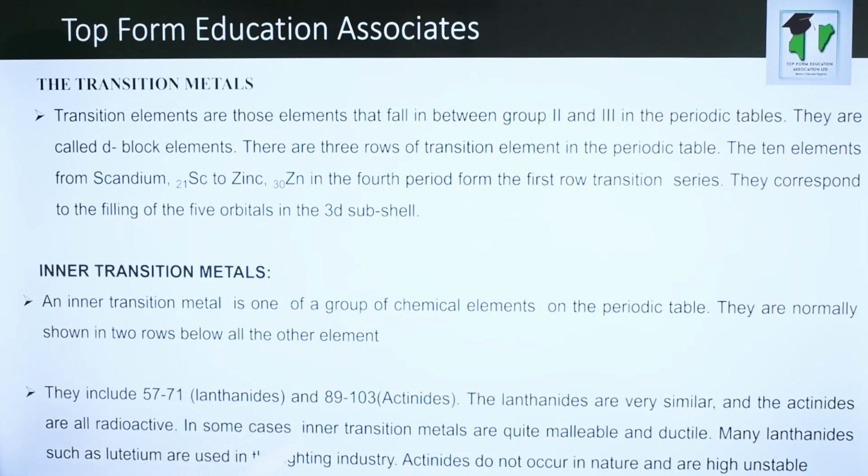In some cases, inner transition metals are quite malleable and ductile. What do you mean by something being malleable? It is the ability to produce sound. For example, the bell you use in the schools, where you ring a bell to indicate the time for break.